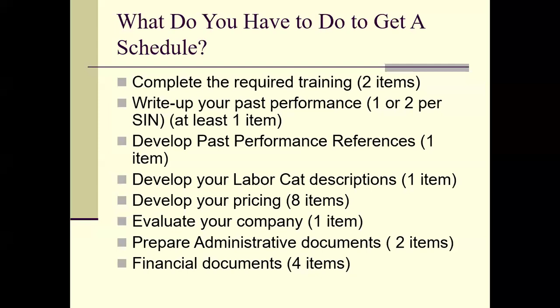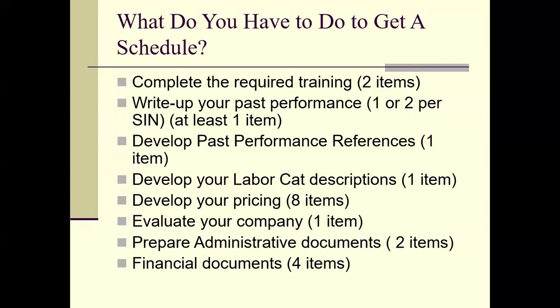And you have to develop past performance references. Some of those, if you have been doing government contracting for a while, you could have some CPARs. But if you don't, you have to develop physical references, and you have to have 3 references.